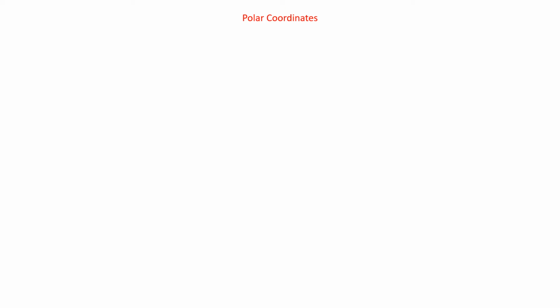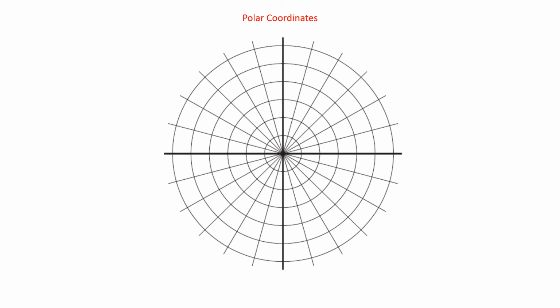Called a polar graph, which looks kind of like this. The origin is also called a pole. We have a polar axis, and then we have two coordinates: a radial coordinate and an angular coordinate. That would be r comma theta.